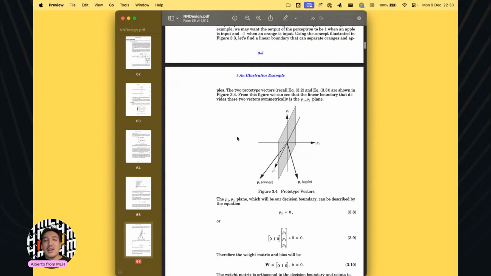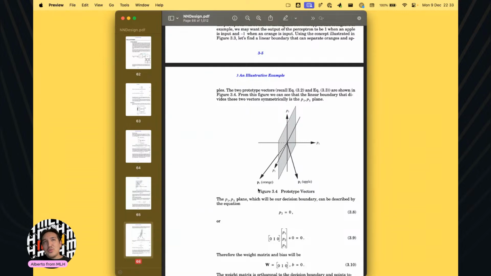That's why here on the graphic we have these vectors, the orange vector and the apple vector. If we inspect it, we can see that the plane that divides these symmetrically is the plane of P3 and P1.